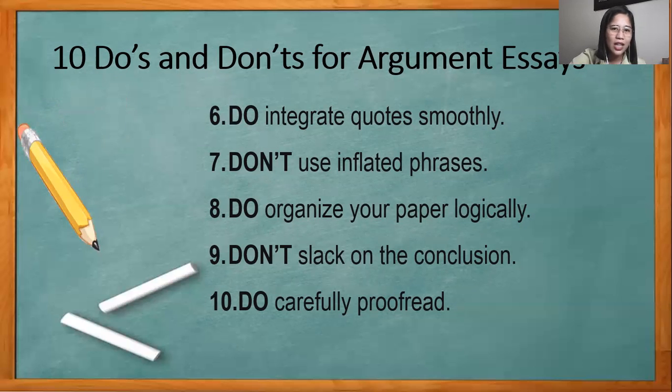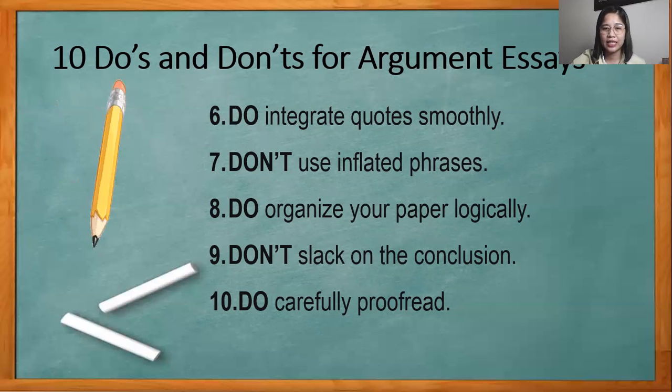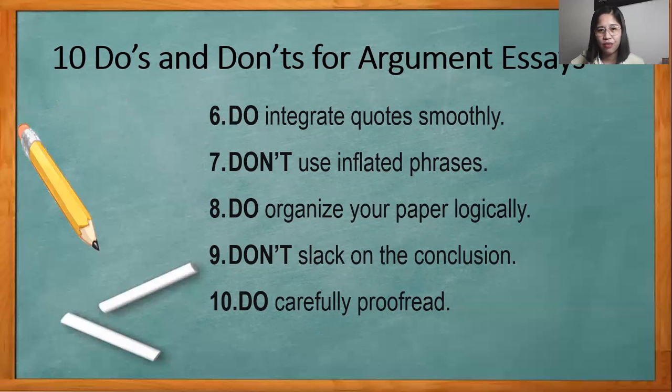Instead of using it, we will use currently. That is the same with at these present times, right? And another one is, due to the fact that, so that is an inflated phrase. Instead of using that phrase, why not use because? They're the same, right? So let us get away with inflated phrases.